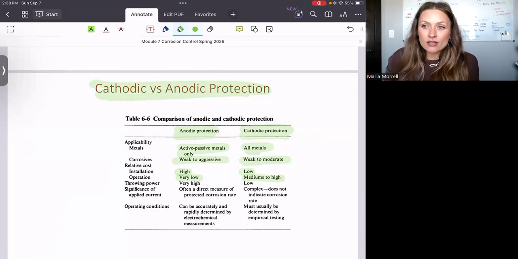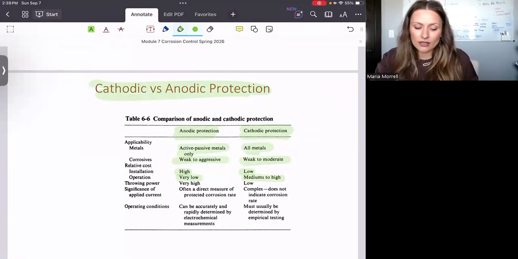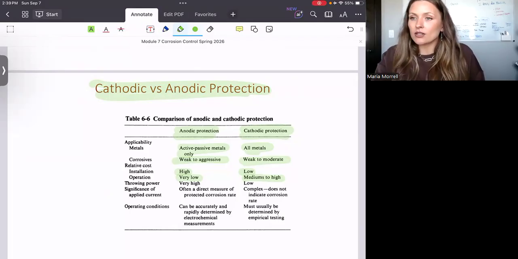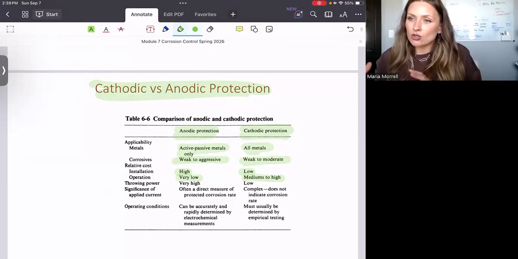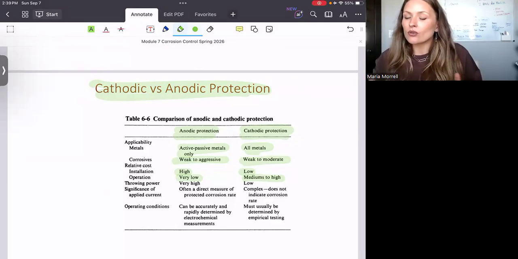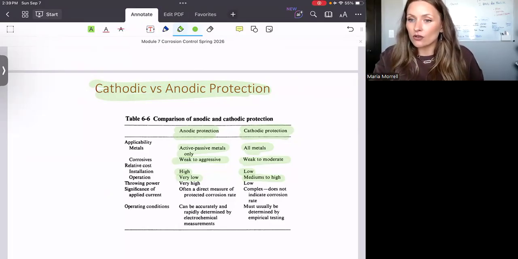Why? Because, first, there are certain things that can get depleted, and I'm talking about the sacrificial anode. Once that sacrificial anode is gone, you have to come back and replace it. And you also have to constantly maintain it to make sure that you still have enough of the sacrificial anode to corrode.